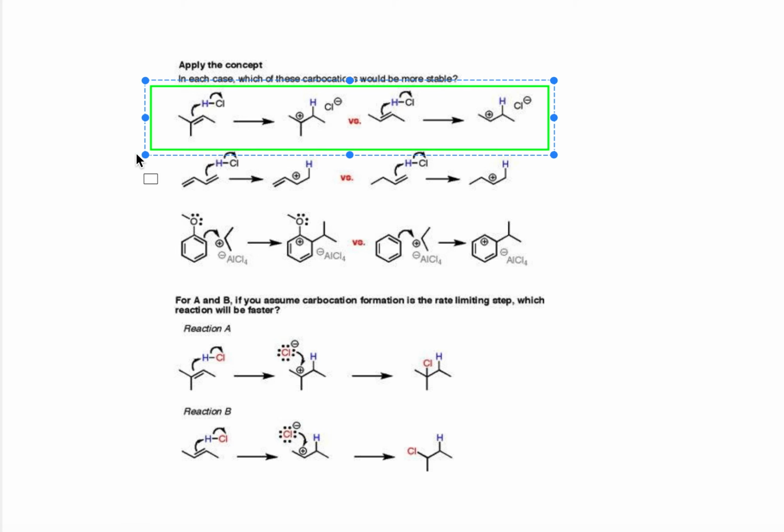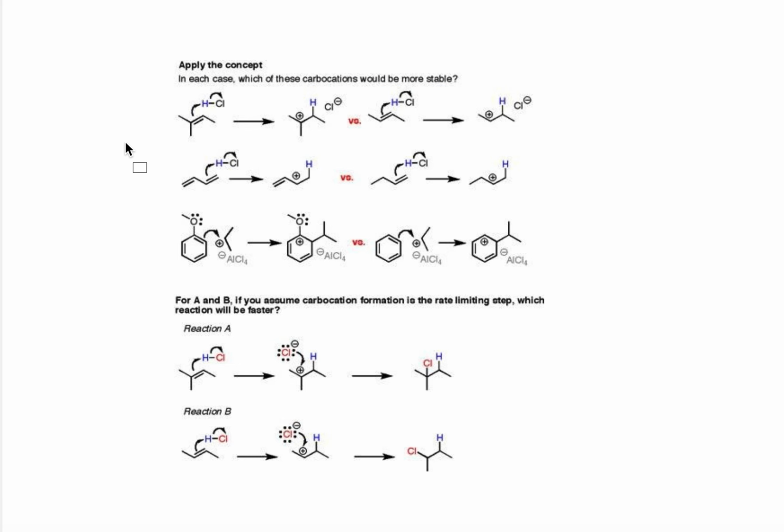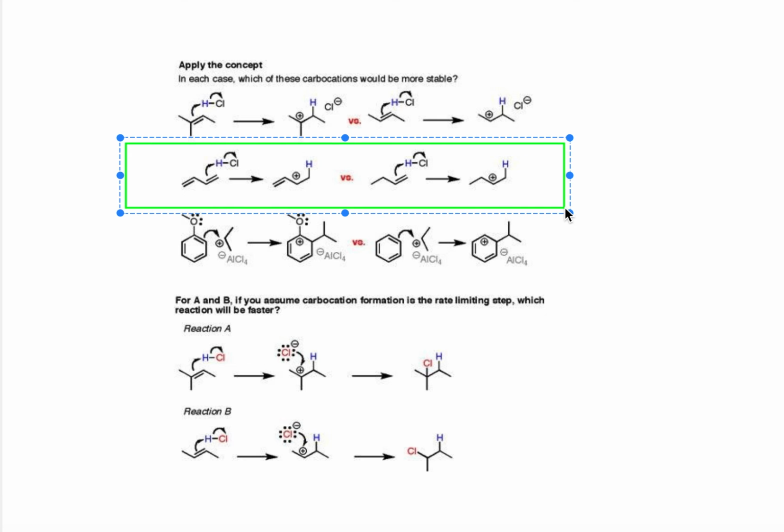Similarly, in the second row, you can see we have two different reactions. One is the reaction of 1,3-butadiene with HCl to produce a secondary carbocation with allylic conjugation. You see, allylic conjugation. Pi electrons are in conjugation with the carbocation. There is the stability factor.